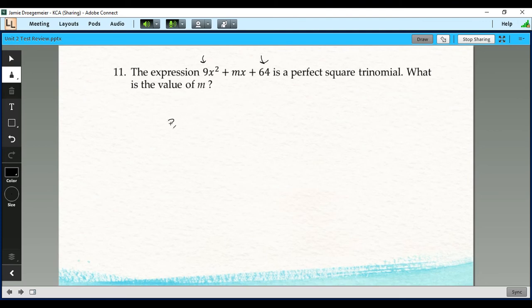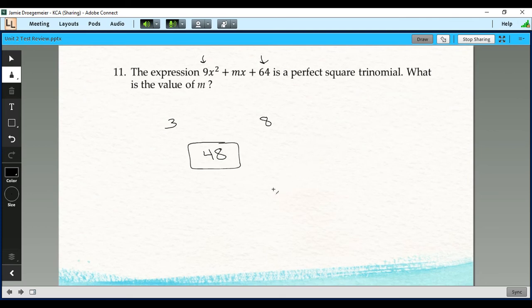So the square root of 9 is 3. The square root of 64 is 8. And then when we multiply those together, we get 24, and we need 2 times that. So our number is going to be 48, and let's see why that works.